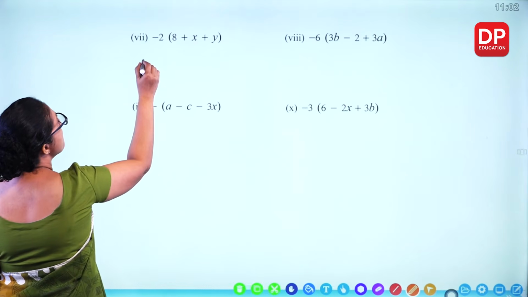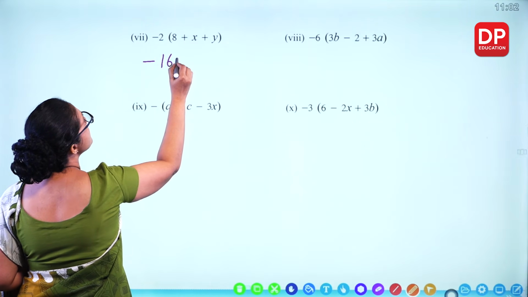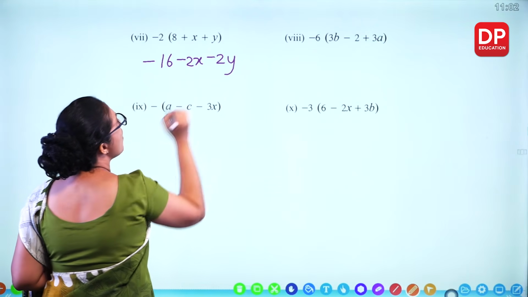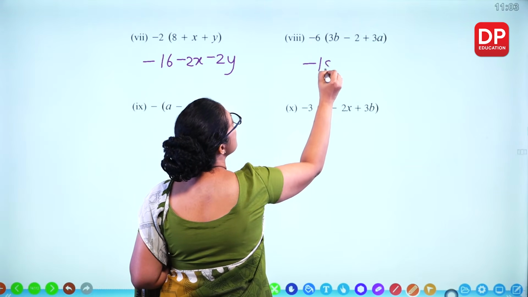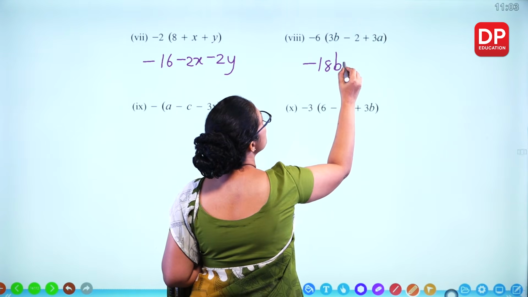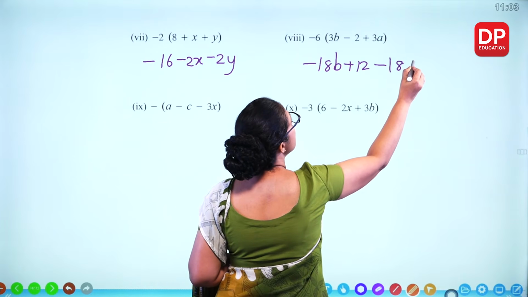This one, minus 2 times 8, minus 16. Minus 2 times x, minus 2x. Minus 2y. 6 times 3, 18, but this is minus. Minus 6 times minus 2, plus 12. And then minus 18a.